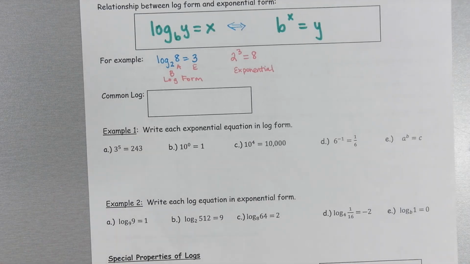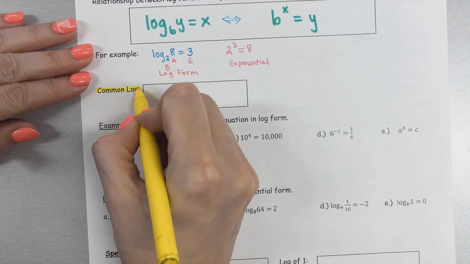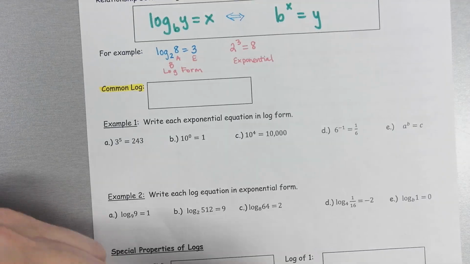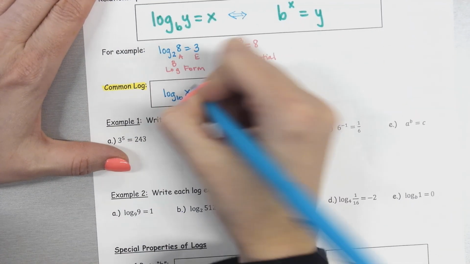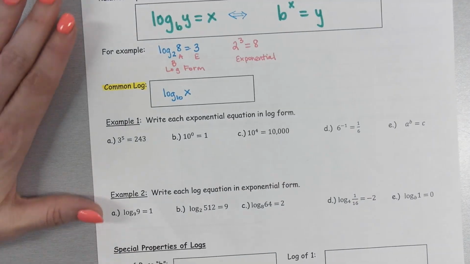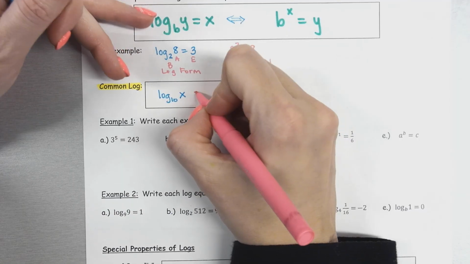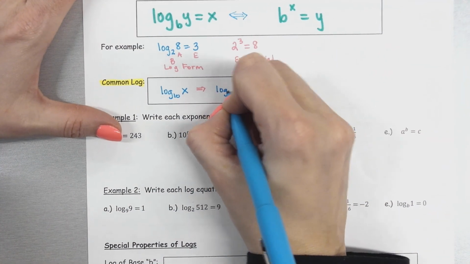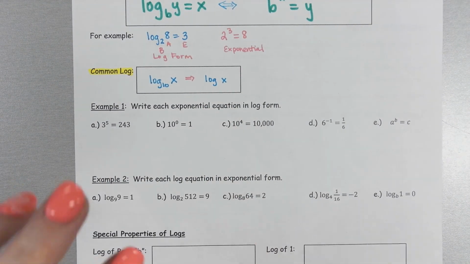There is a special log called the common log. A common log has the base of 10. So if you see a log base 10 of some value, we'll call the value x, then you can just rewrite that as the log of x. This is the same thing as just the log of x. When we write it in simplest form, we like to do that without the base.